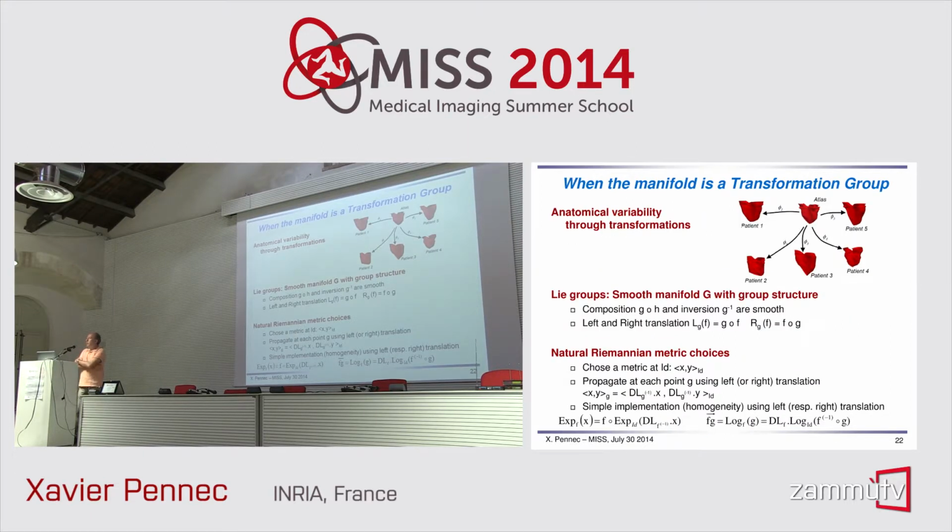Okay, now what I'm interested in in this talk is manifolds whose elements are transformations. So these manifolds are also what we call a Lie group. If we assume that there are transformations, so we can basically compose like rigid body transformations or rotations. We can compose them.